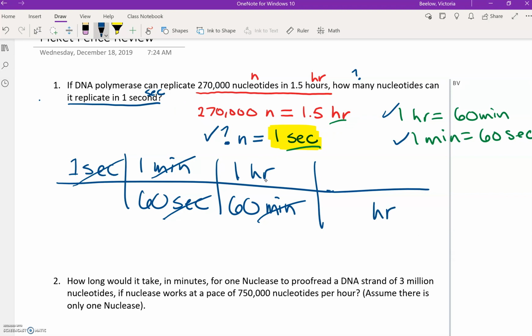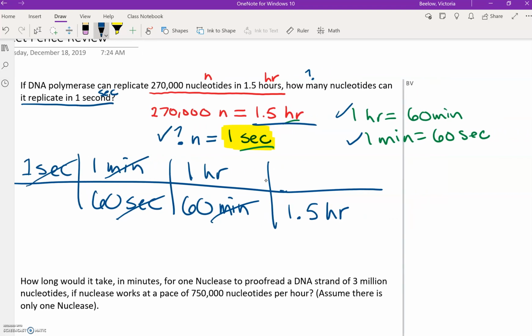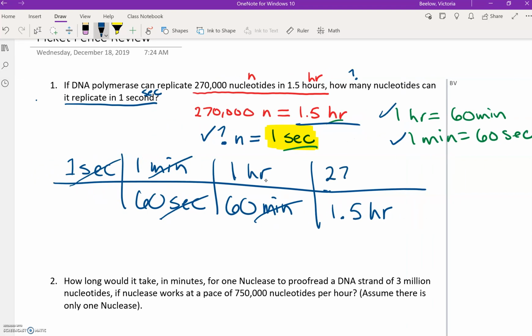How many hours? Looking at the equality, it says 1.5, and that is equal to, whatever goes above it, 270,000, and then N represents nucleotides. So use this equality, and hours cancel in the top and bottom.